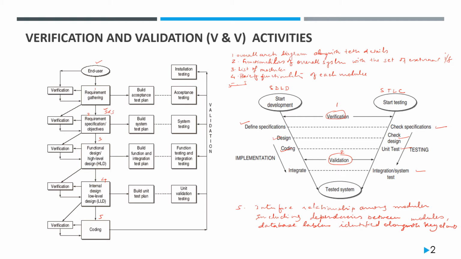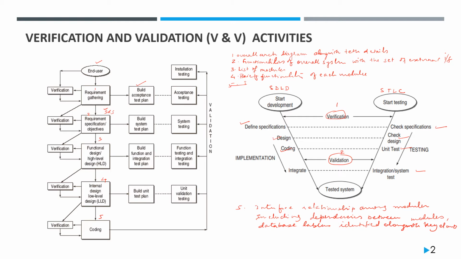Along with these verification activities performed at every step, the tester needs to prepare some test plan which will be used in validation activities performed after coding the system. These test plans are prepared at every SDLC phase. So for requirement gathering, build acceptance test plan.